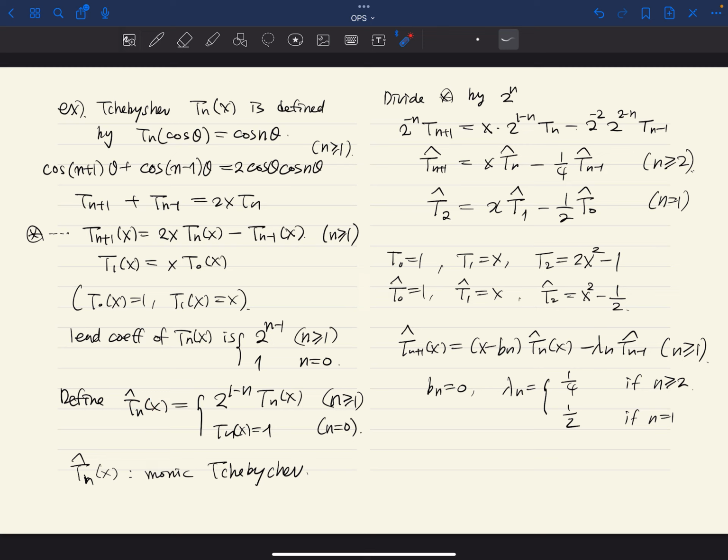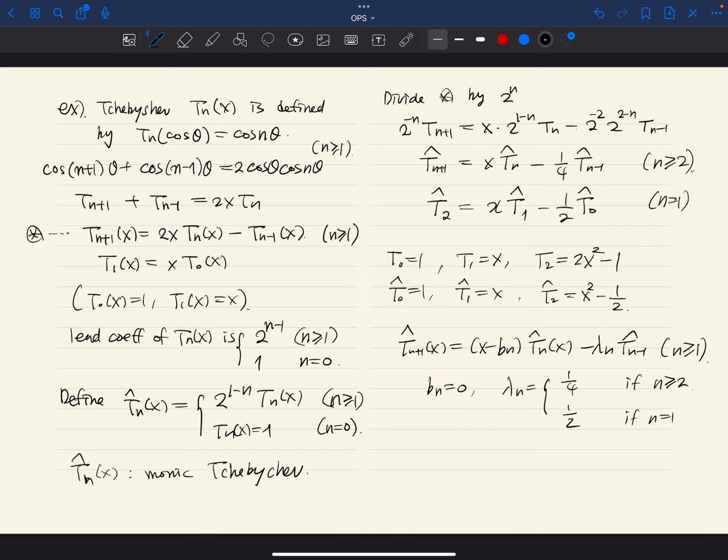All right, so let's see. Right, so Chebyshev polynomials, in the monic case, we have Bn equals 0, right? So in this case, the polynomials are a little special.